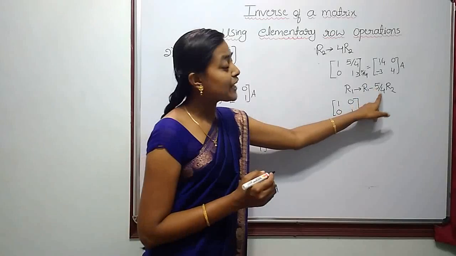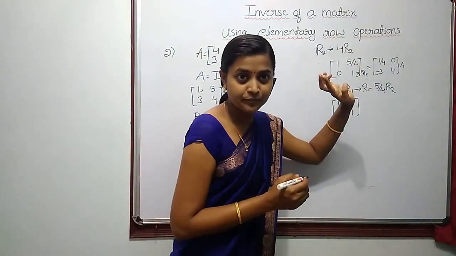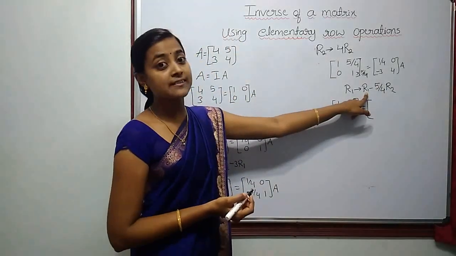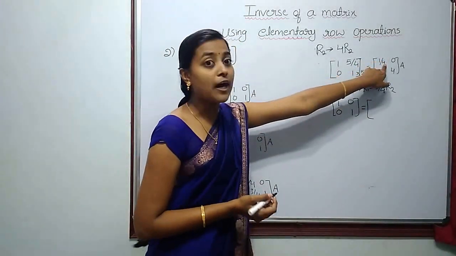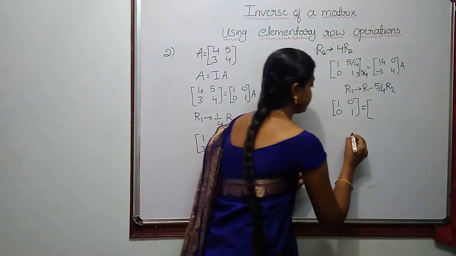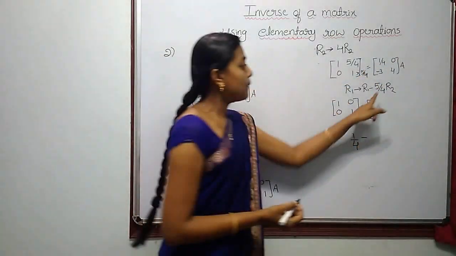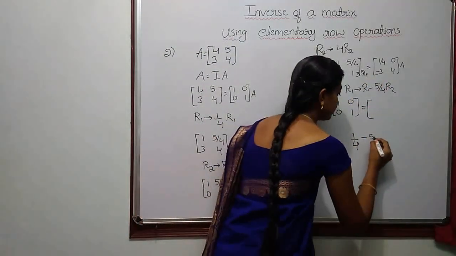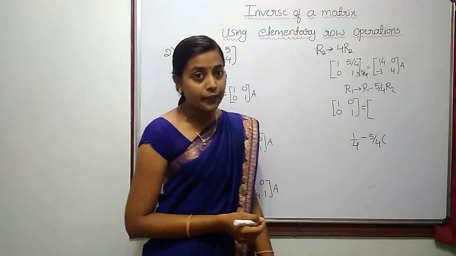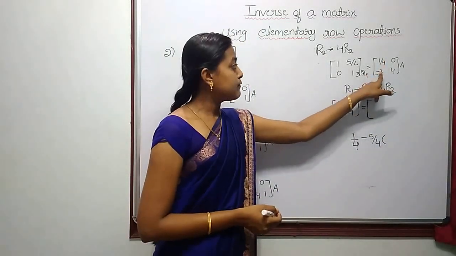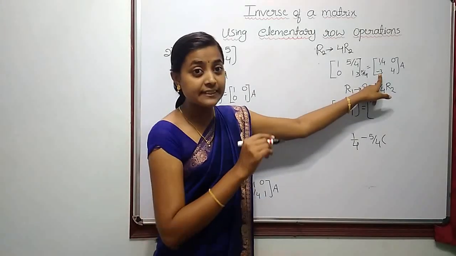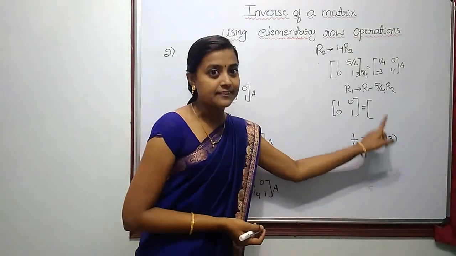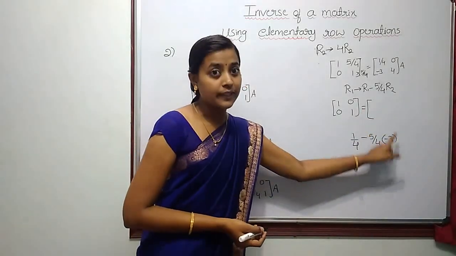Now, apply the same operation in the RHS. The first term in the operation is R1. The first element of R1 is 1 by 4 minus 5 by 4 as it is into R2. The first element of R2 is minus 3. Minus into minus plus, 5 into 3, 15.